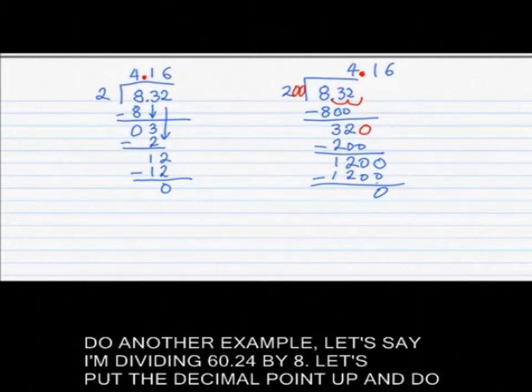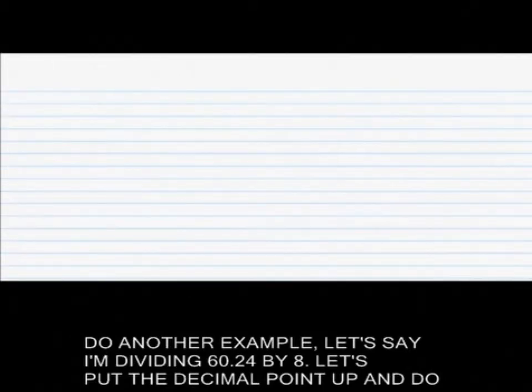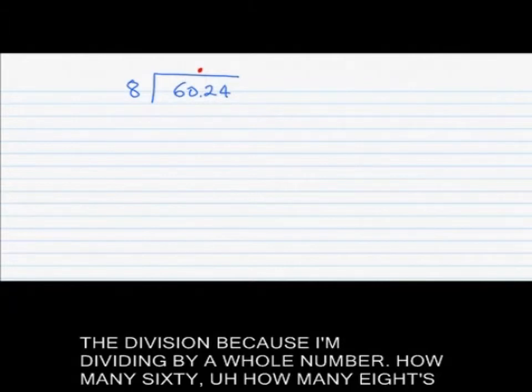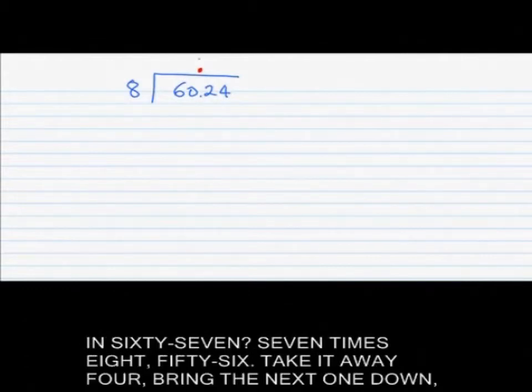Let's do another example. Let's say I'm dividing 60.24 by 8. Let's put the decimal point up and do the division because I'm dividing by a whole number. How many 8s in 60? 7. 7 times 8, 56.